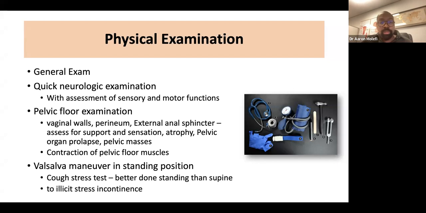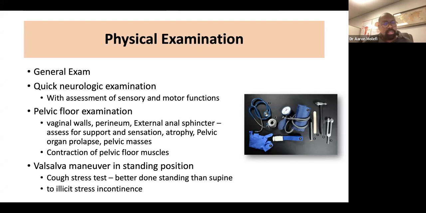Check if they've got pelvic masses. Pelvic masses, compression of the bladder, irritating the detrusor muscle, resulting in urge incontinence, right? Check if the pelvic floor is able to contract properly, right? So those are the things that you need to assess, right? Then during your examination, you should be able to do a Valsalva maneuver.